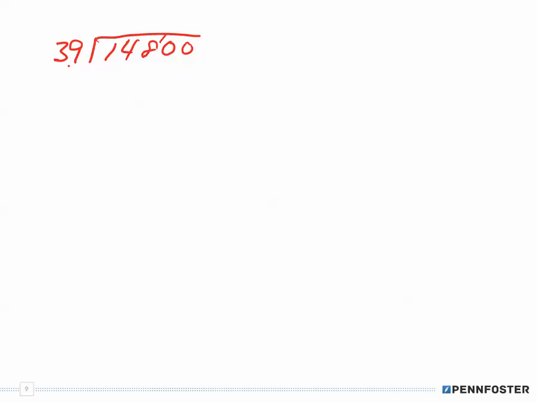Let's see here. 3 times 3 is 9. So 4 is 12, but now notice what I'm doing. Trial and error here. 39 gives me 72. Add 39 more, which would be 111. And 39 more, which would be 150. You can do it that way.